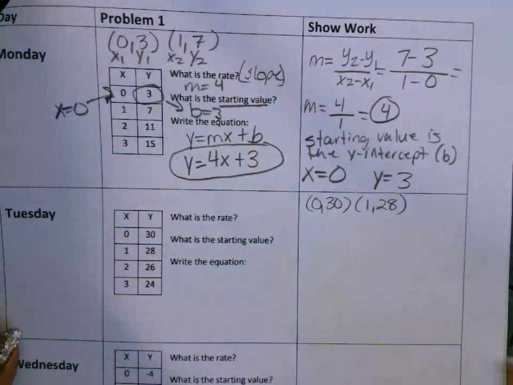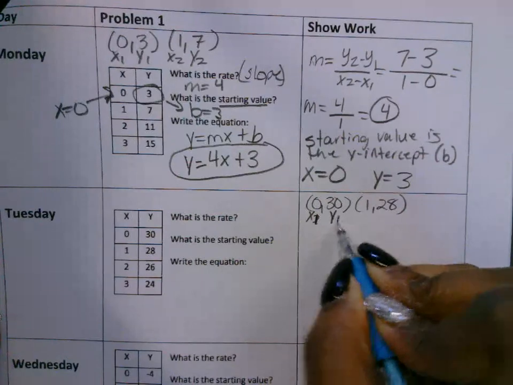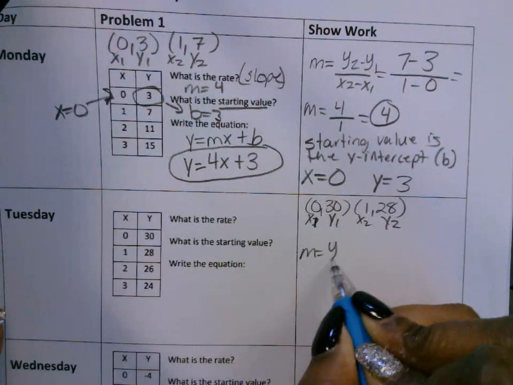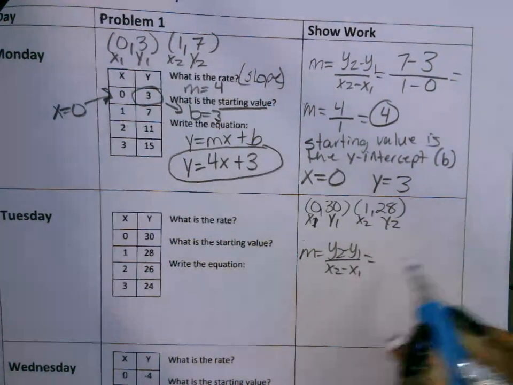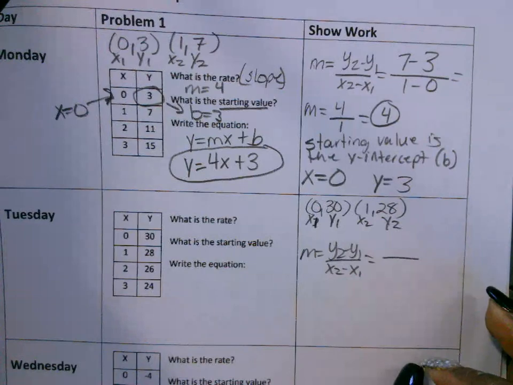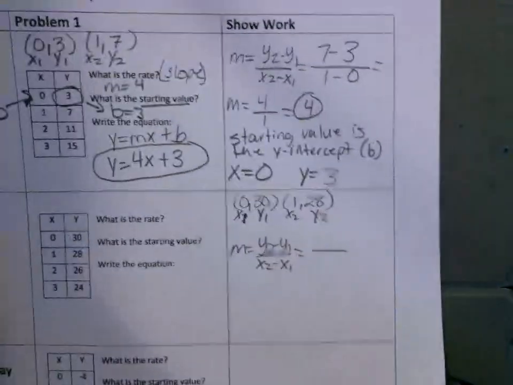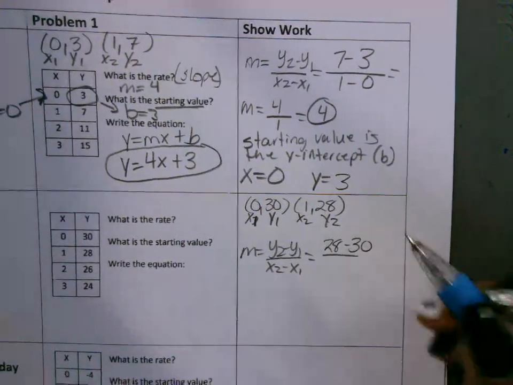As long as you do the math, you're going to get the same answer. This is x1, y1, x2, y2. We're going to use the formula y2 minus y1 over x2 minus x1. On the top, what do you get on the top? Alex, what minus what? Very good. 28 minus 30.